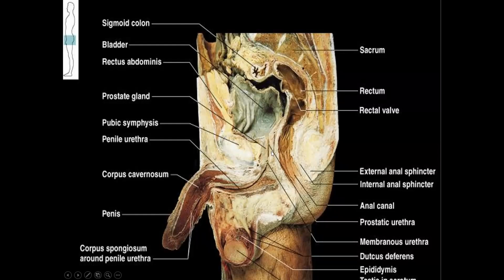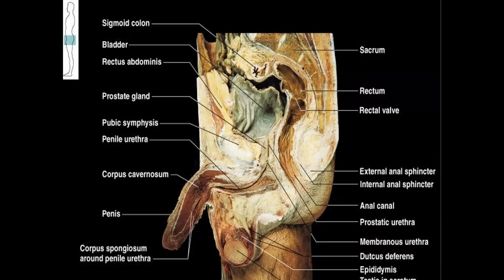You can barely see it in the cross section, but you can see very well the testes down here inside the scrotal sac. And here we see a tube, a structure known as the Ductus Deferens, or the Vas Deferens. That is the delivery mechanism that sperm and semen will follow during ejaculation.